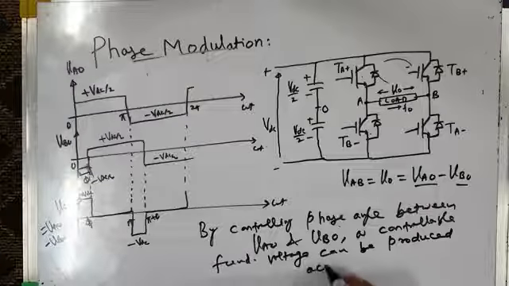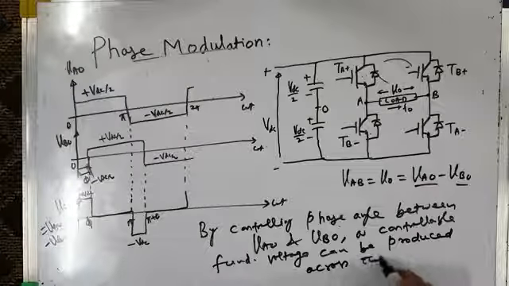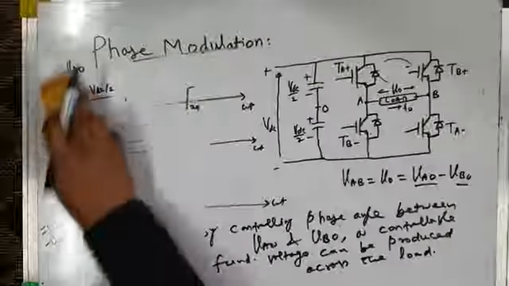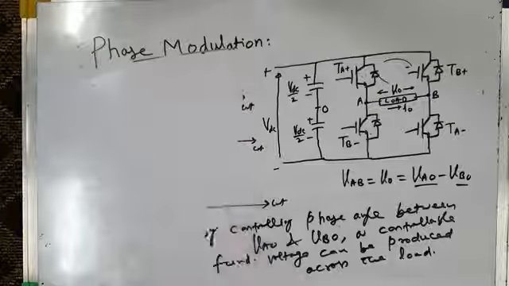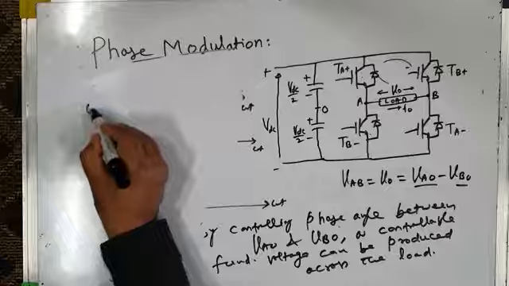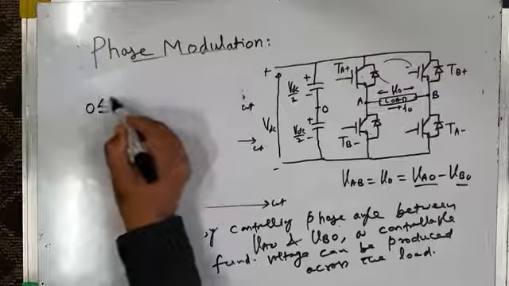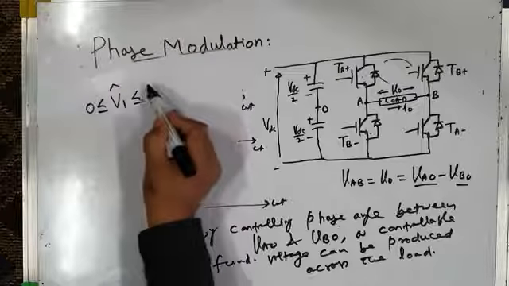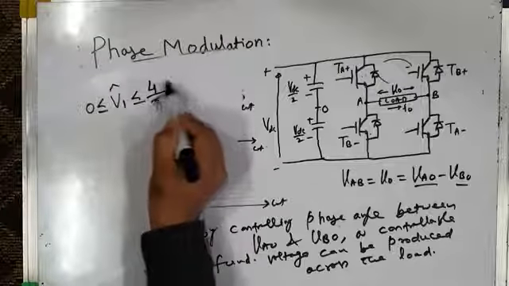So we can impress a continuously controllable voltage. I mean, the peak value of the fundamental component of voltage can be controlled from 0 to 4 by pi VDC.